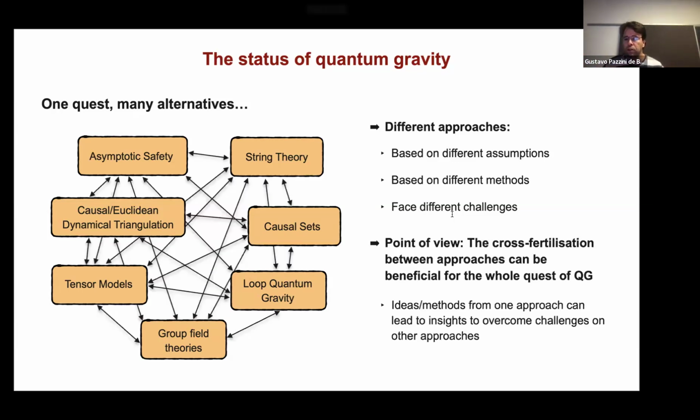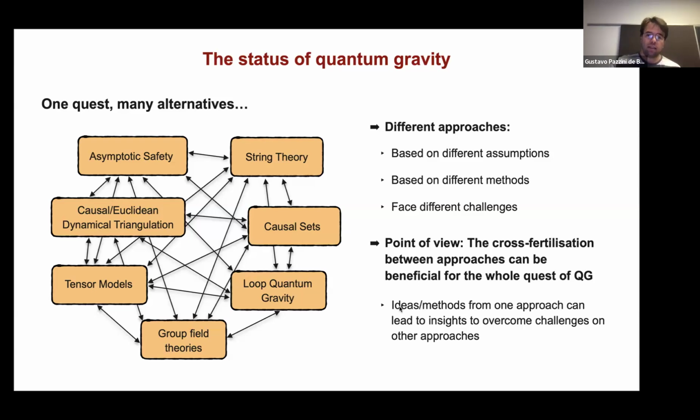And the point of view that I want to make in this talk, and that also motivates our work, is that the cross-fertilization between quantum gravity approaches can be very beneficial for the whole quest of quantum gravity. In particular, using ideas or methods from one particular approach of quantum gravity can lead to insights to overcome challenges in other approaches.